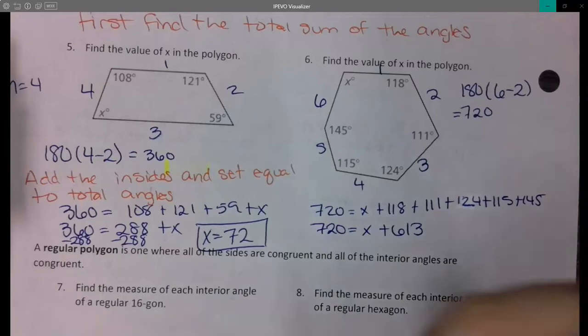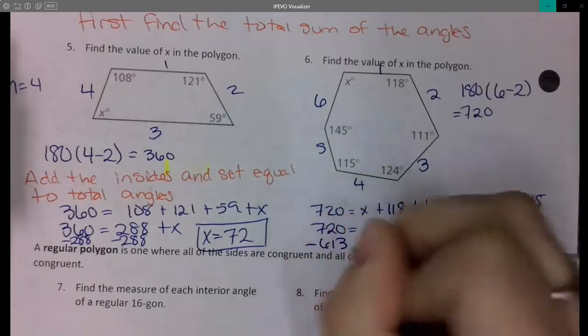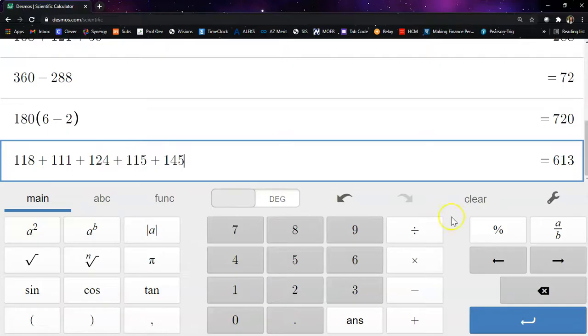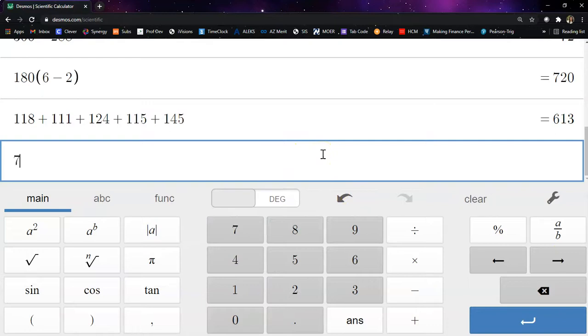Then I want to subtract 613 from both sides. This gets me 107.